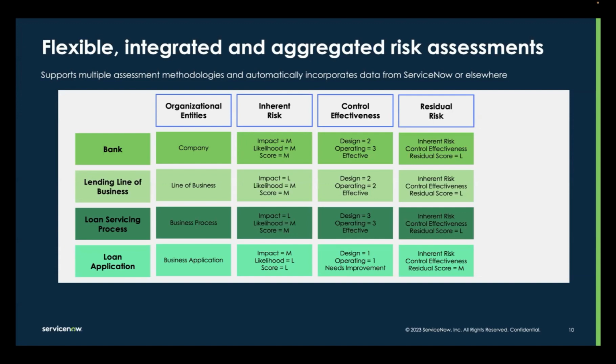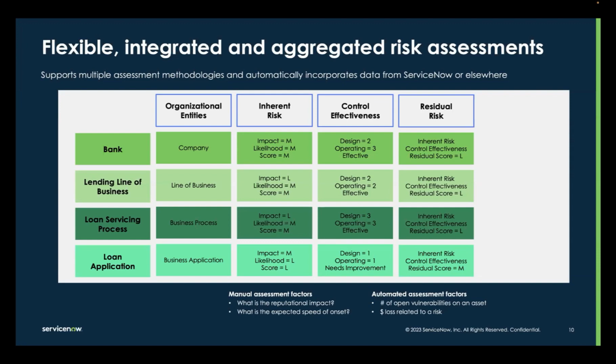But at the same time, if you want to understand how the impact is across, let's say, these business applications, to this business process, to the lines of business, to the company, the system does a roll-up of these. Now, one unique factor is we don't just rely on manual assessment.